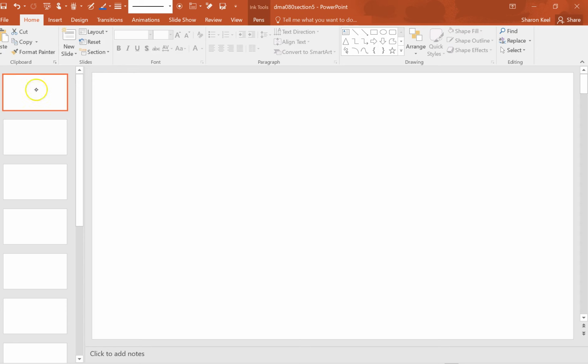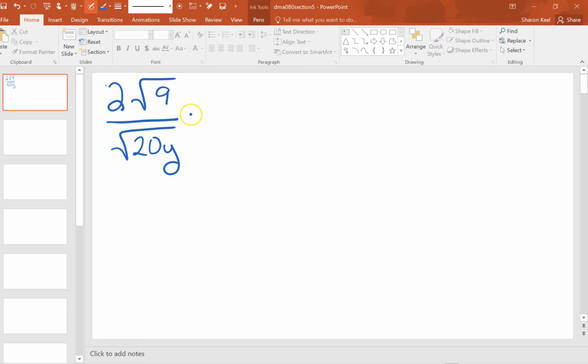Okay, let's try another. Here we have 2 square root of 9 over the square root of 20y. Now, what I like to do before I begin to rationalize the denominator is see, can any of my radicals as I have them already be simplified?